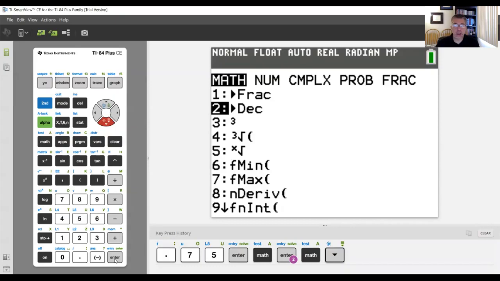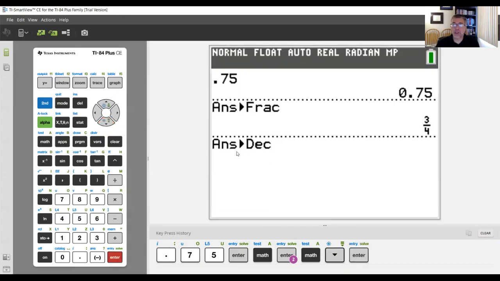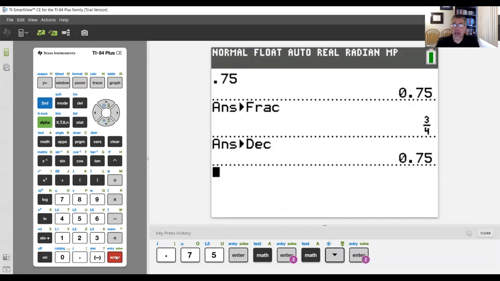And then I would hit the enter key, and it's going to take that answer to a decimal. And that comes out with 0.75 again. So this is how we convert fractions to decimals on the graphing calculator.